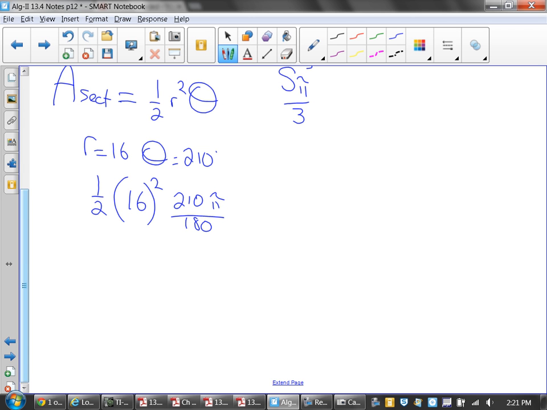128. All right, so I'm at 128, 210 over 180, and a pi. What can you divide 21 and 18 by? 3. 128 and 6, what can you divide those out by? 2s.